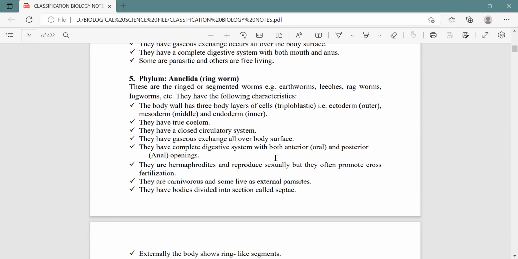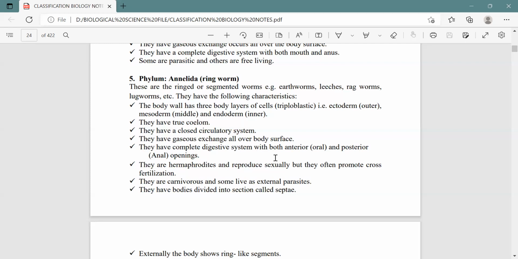Now, what I should emphasize here is that some of these groupings may be examined in section A of your paper.